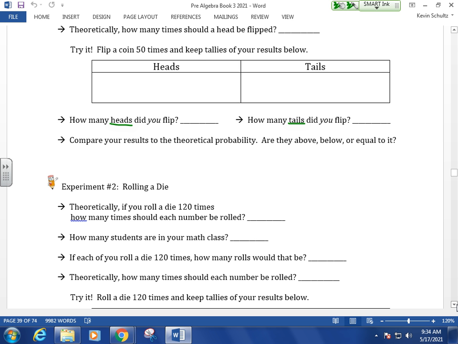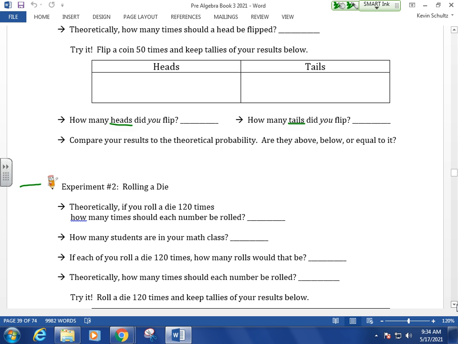So all of you theoretically should have, only 2 of you did, which means that the other 19 of you did something that shouldn't have happened. Okay? That's the difference between theoretical versus experimental. We actually tried the event. We experimented, and we found that what should have happened in most cases actually didn't.